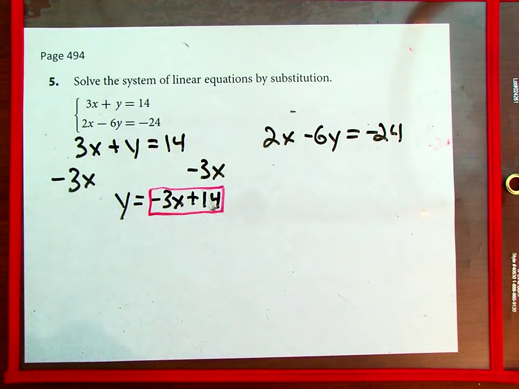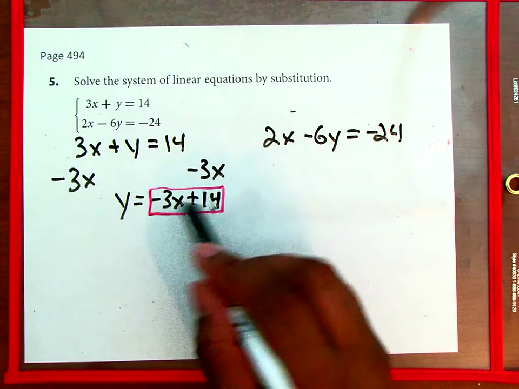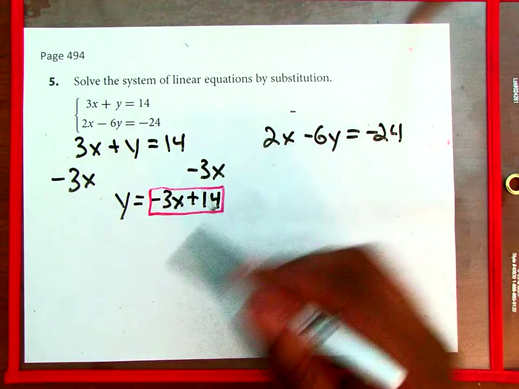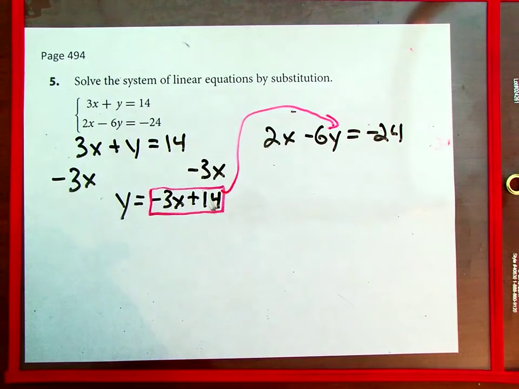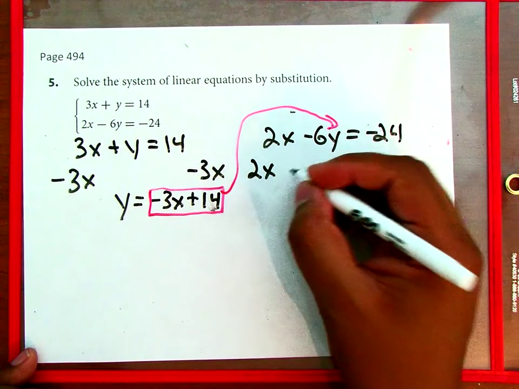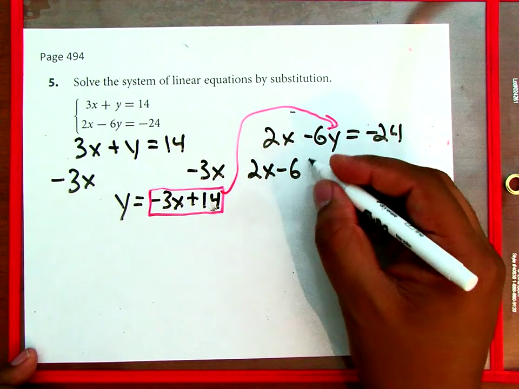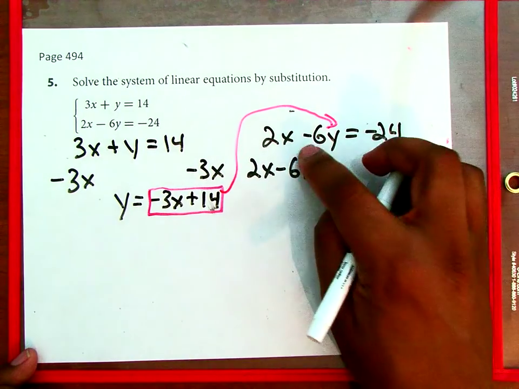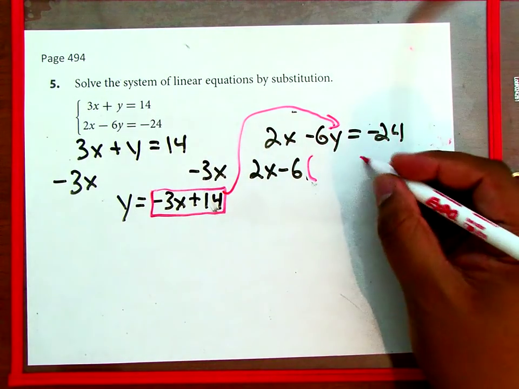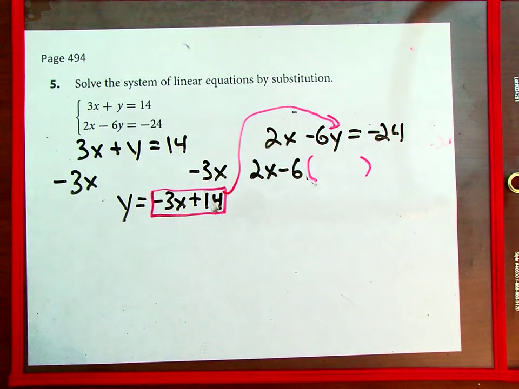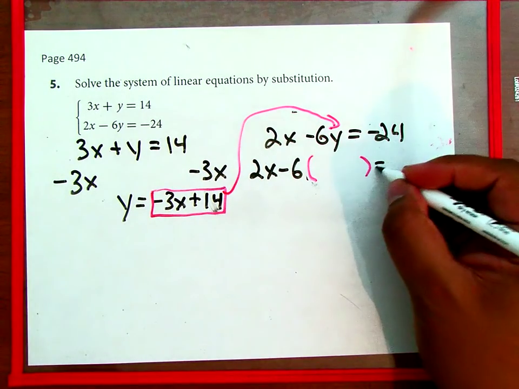All right, step 2, I'm going to replace or substitute that value in the other equation and solve for that variable. I'll take this value, which is y, and substitute it into 2x minus 6y is equal to negative 24.